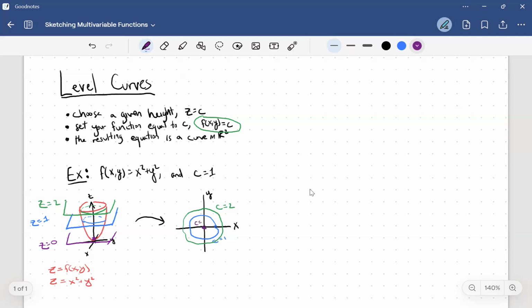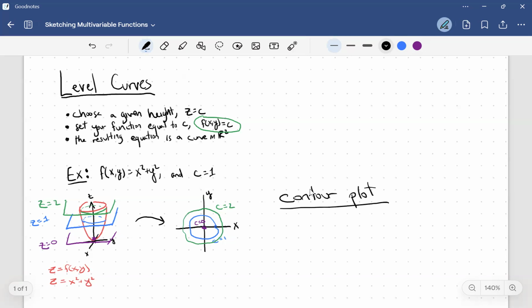So that can be my c equals 0 level curve. So this level curve is just a degenerate point, but in general, these level curves will be curves in the xy plane. And by plotting many of them together, as we've done here, we create what is called a contour plot.